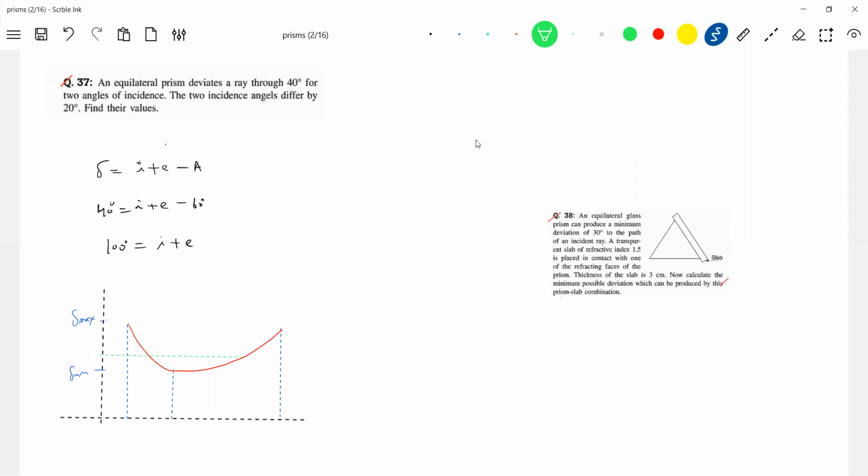Okay, there's a deviation. So these are the two angles, I and D. We discussed only the maximum deviation, so I'm discussing a problem like this here. What should be the difference? E minus I should be 20.